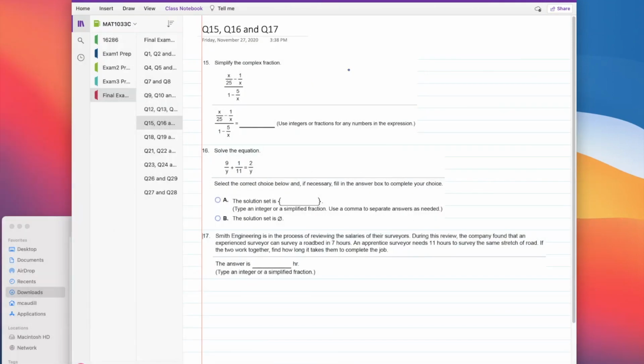Questions 15, 16, 17, they all deal with module 3. It's still module 3. We are working with rational equations, expressions, and functions. In this case, you have to pay a lot of attention when you're dealing with just the expression, or when you're dealing with the equation.